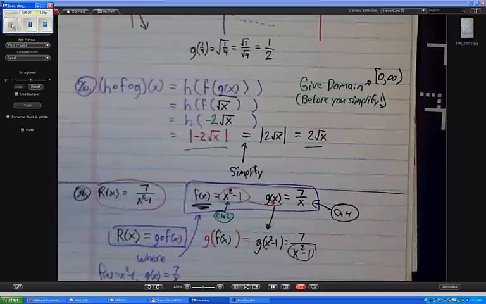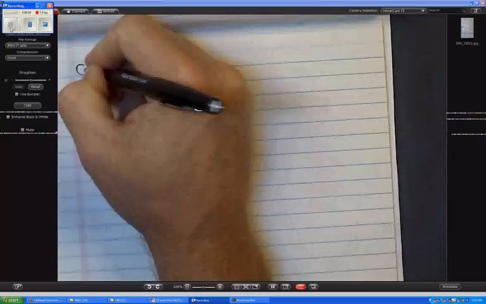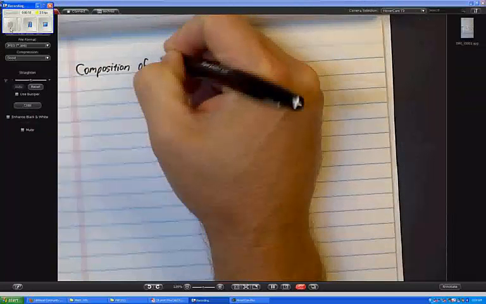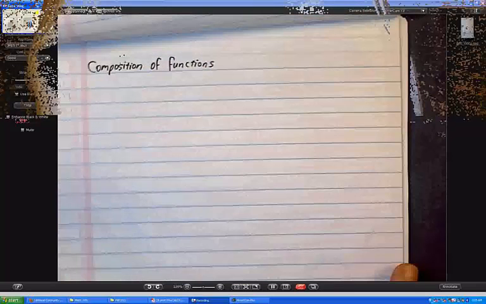That's kind of what this is all about. Okay? So, anyways, I'm going to stop here. Composition of functions. Okay? And this is section 5.1.